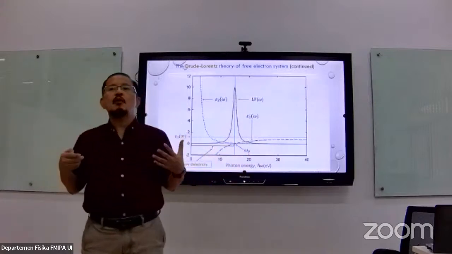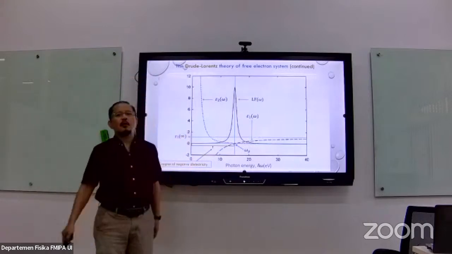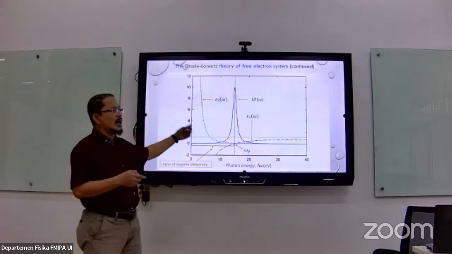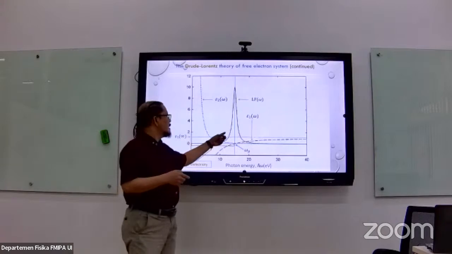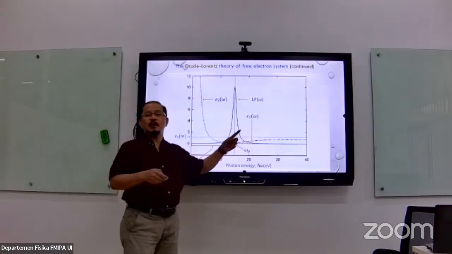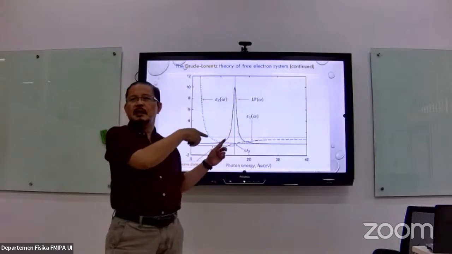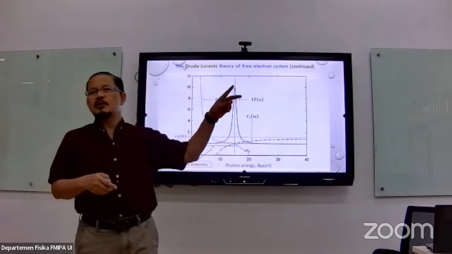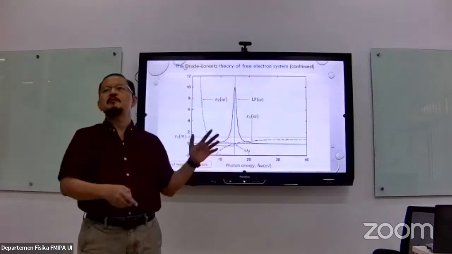So now we believe that the best quantification to describe the presence of plasmons is this curve, the loss function. Whenever we have peaks in the loss function spectra, corresponding to all those peaks we have plasmons.